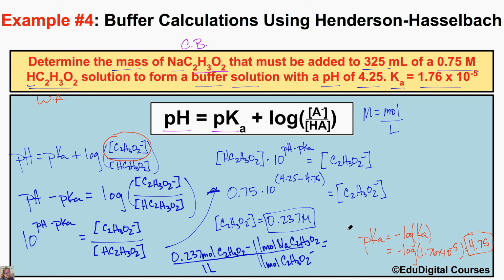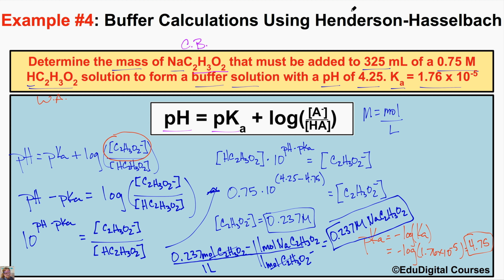And so this is going to equal 0.237 moles per liter, or molar, NaC2H3O2.